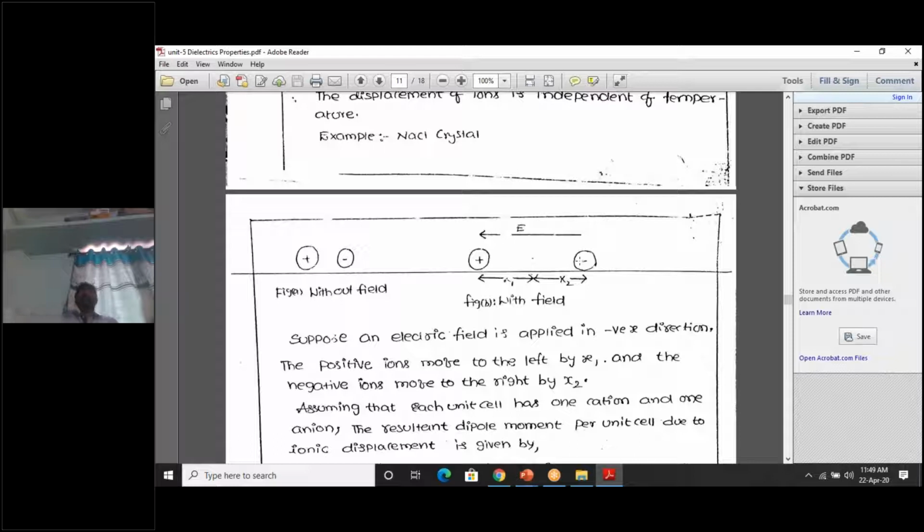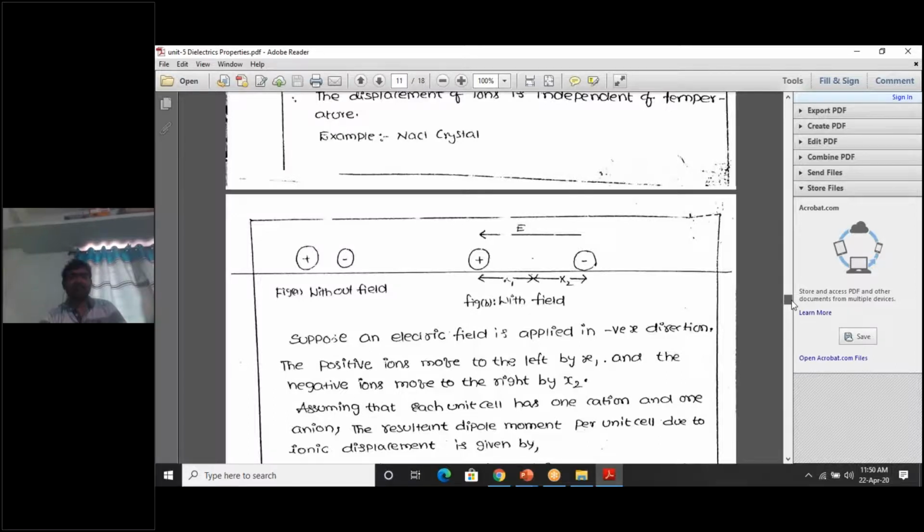This is called ionic polarization. So what is ionic polarization? Formation of an ionic dipole in the direction of electric field due to the application of a field is called ionic polarization. And we need to derive an expression for ionic polarizability, alpha I, as alpha E was the electronic polarizability.